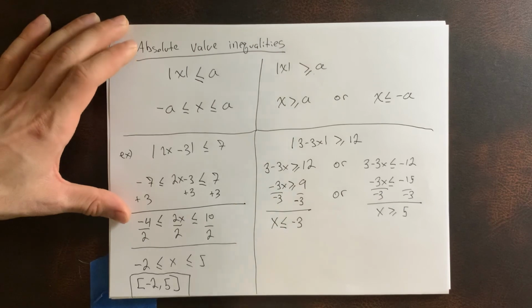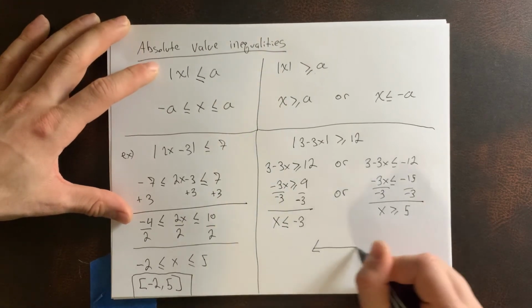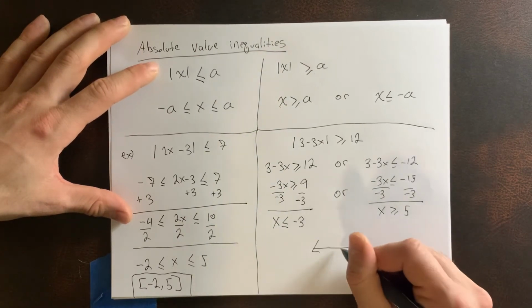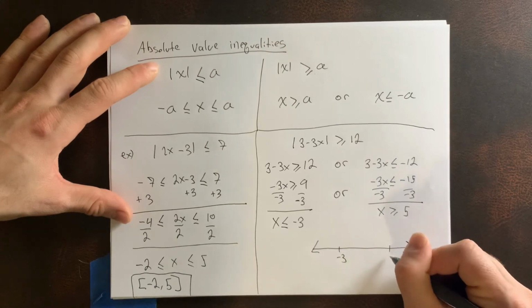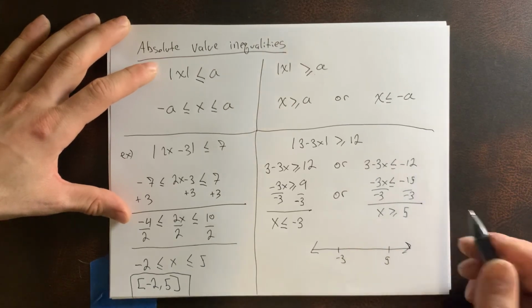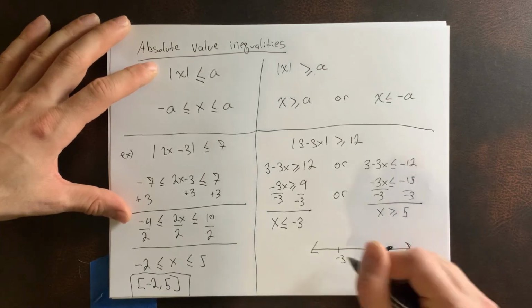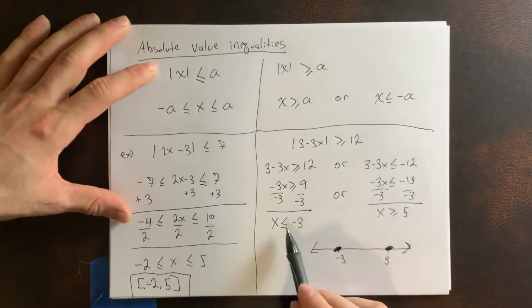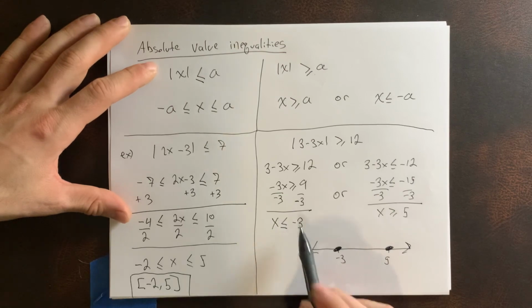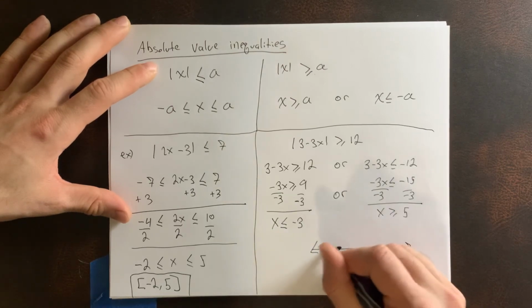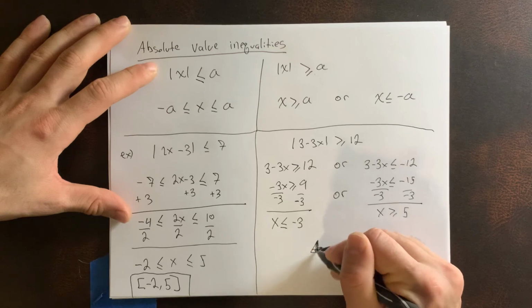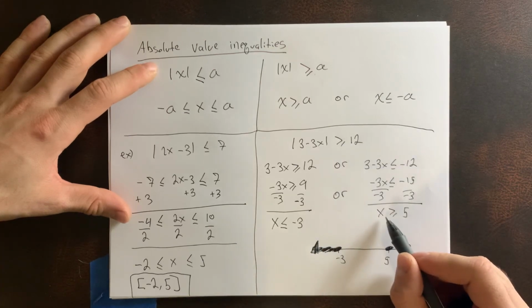So let's go on a number line. What does this mean? We have two things. First, here's a minus 3. Here's a 5. We have greater than or equal to signs, so both of these are going to get closed dots. This is telling us that x is less than or equal to minus 3. Less than means we go to the left. Okay, this is x is bigger than or equal to 5.